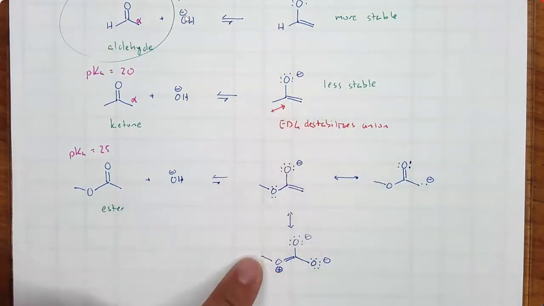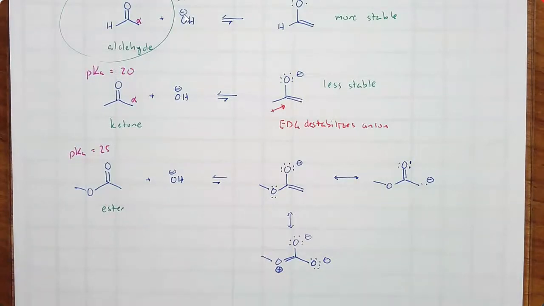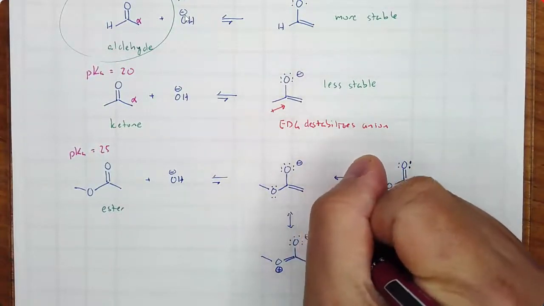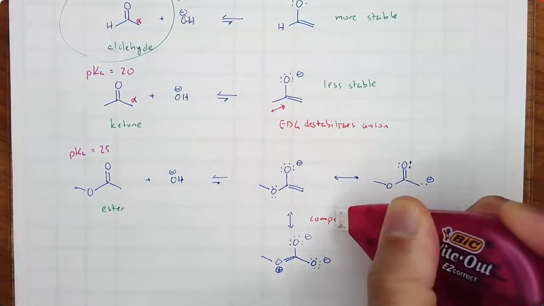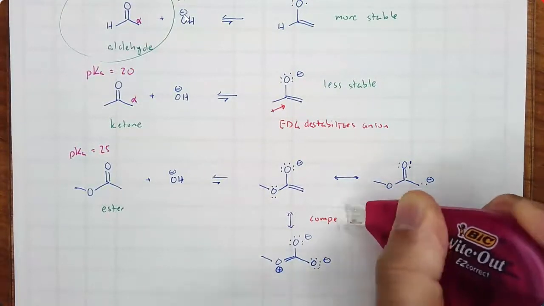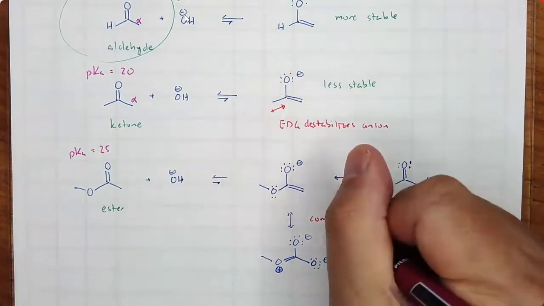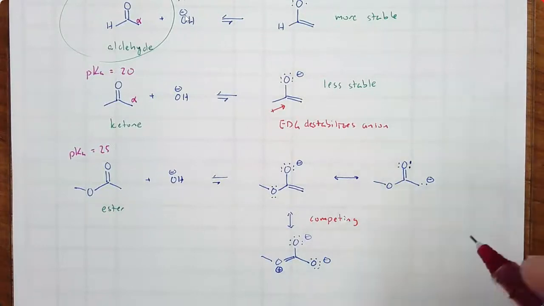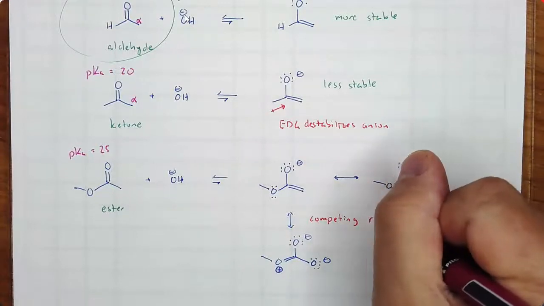But something's interesting with the ester. In the ester, we have a competing resonance. Now, it may not seem very important because the contributor is definitely the minor contributor, but it still exists. This is a competing resonance.